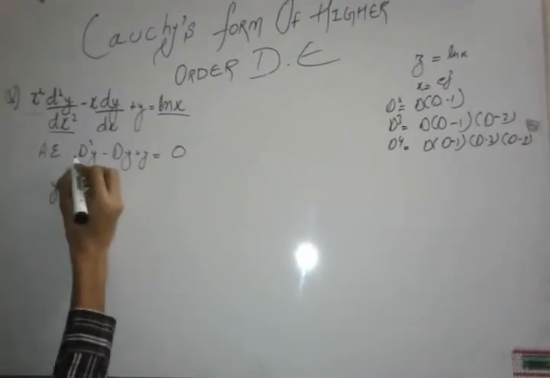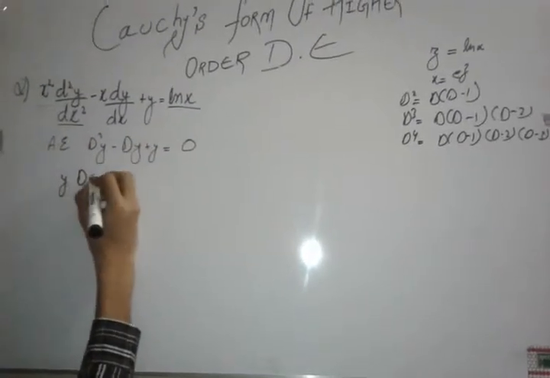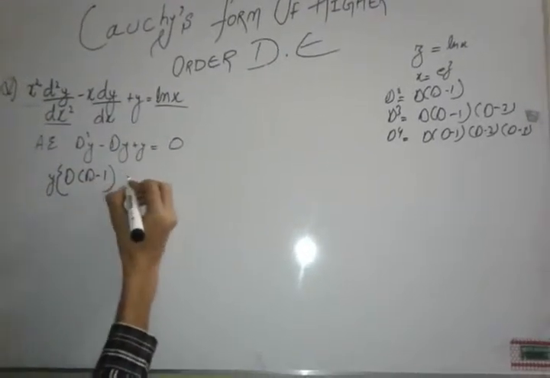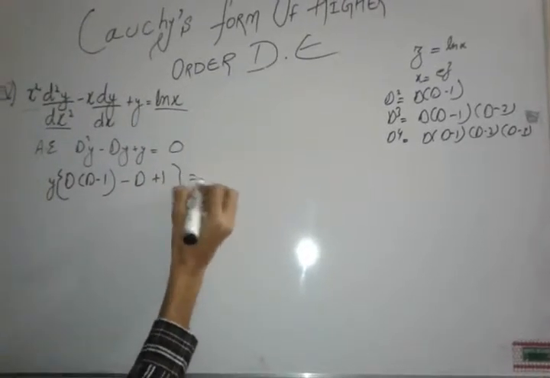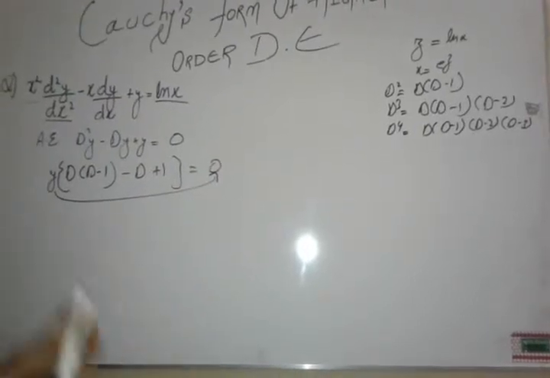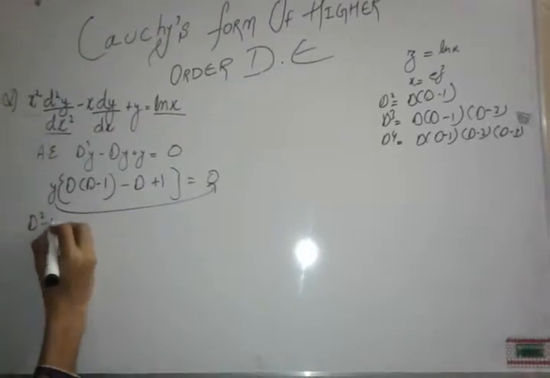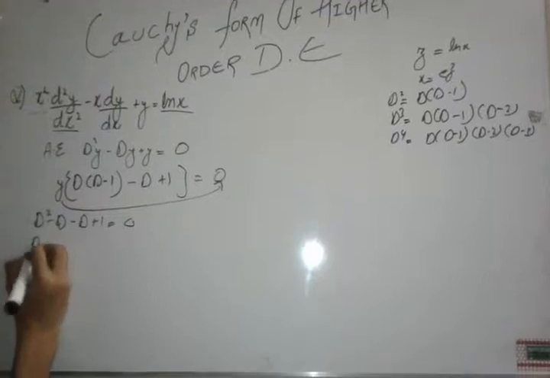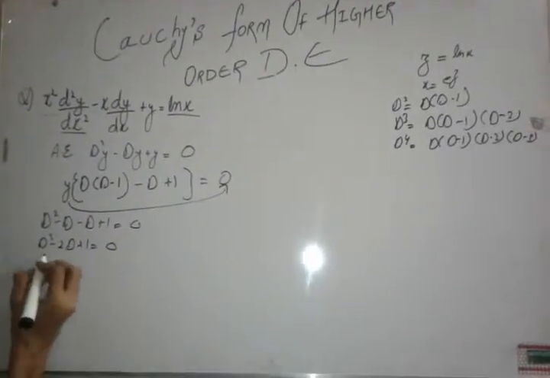Taking y common and putting the value of D square, D into (D minus 1) minus D plus 1, bracket closed, and this term will be 0 as y is not zero. Now solving, D square minus D plus 1 equals 0. D square minus 2D plus 1 equals 0 will be final.